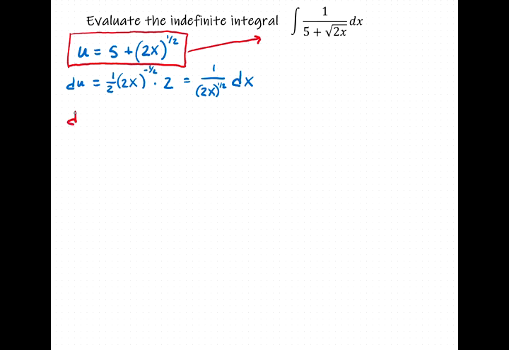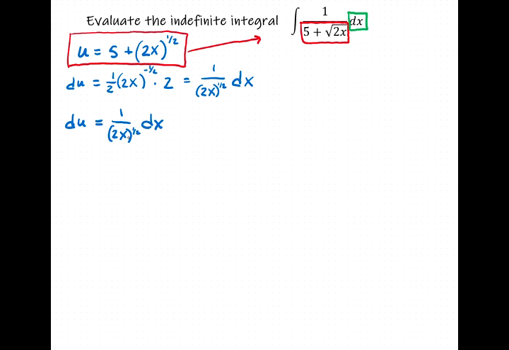Let me just rewrite this second line. So we have du is equal to 1 over 2x to the 1/2 dx. Well, we have to substitute for the dx, so let's solve for dx.